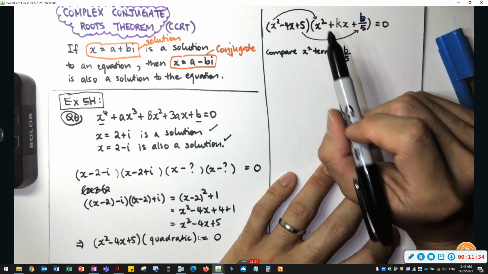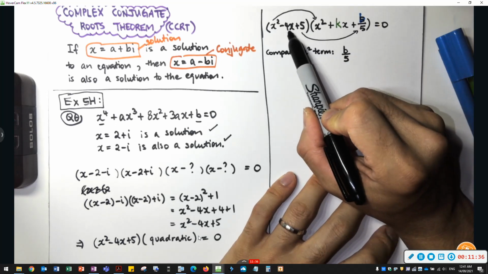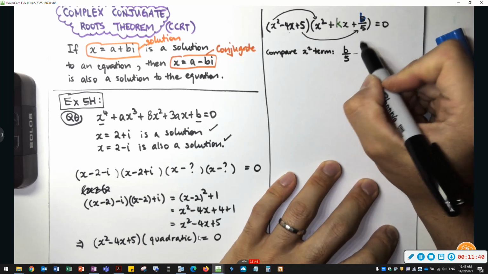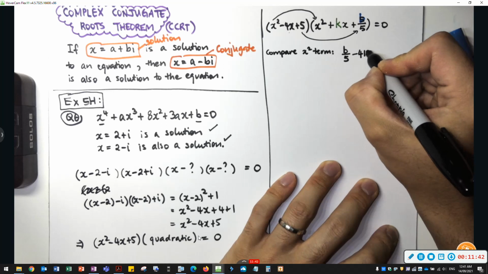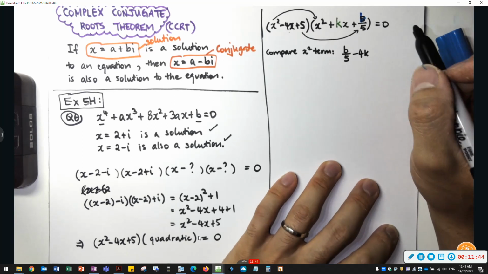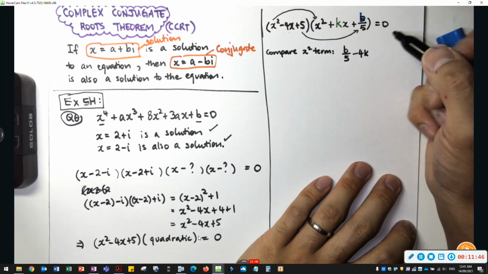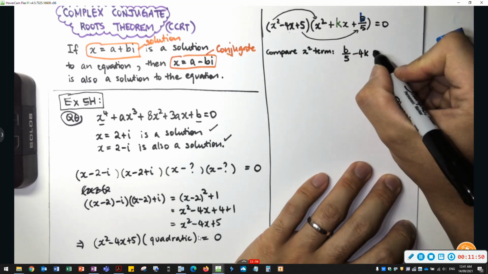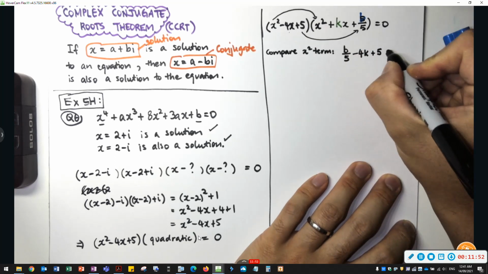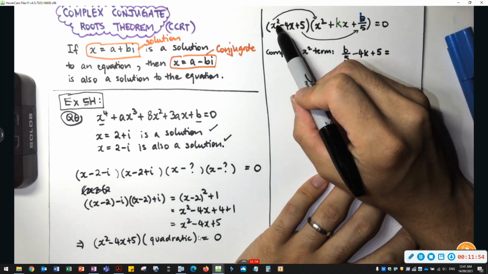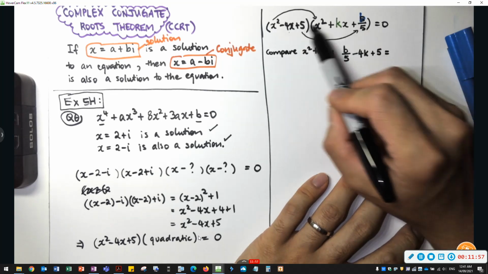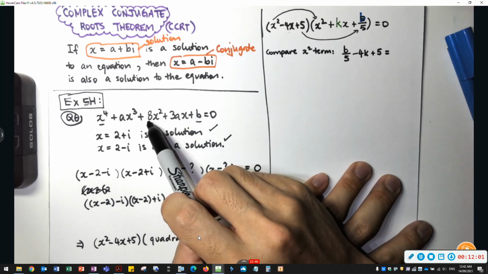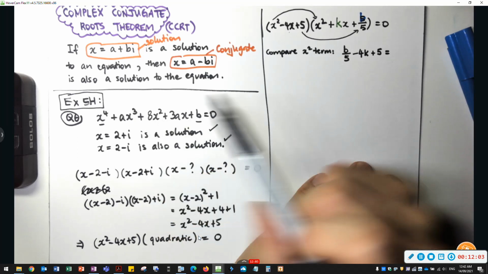There's another one: when you multiply the negative 4x and this kx, so I'm going to get negative 4k. And is there one more? Yes, there is. There's another squared one if I multiply the 5 and the x squared, so plus 5. So what I've done is look at the x squared terms in the factorized form. And if I look at the question I've been asked, they've already told me that value must equal 8.